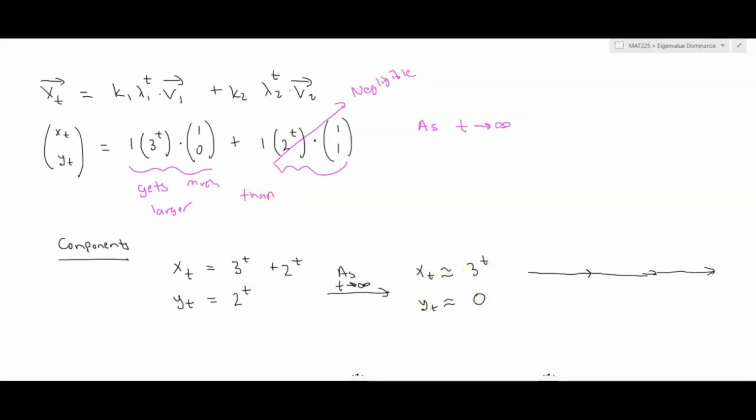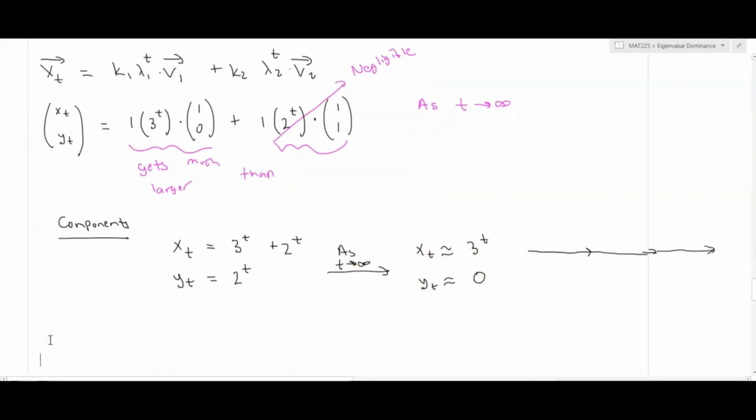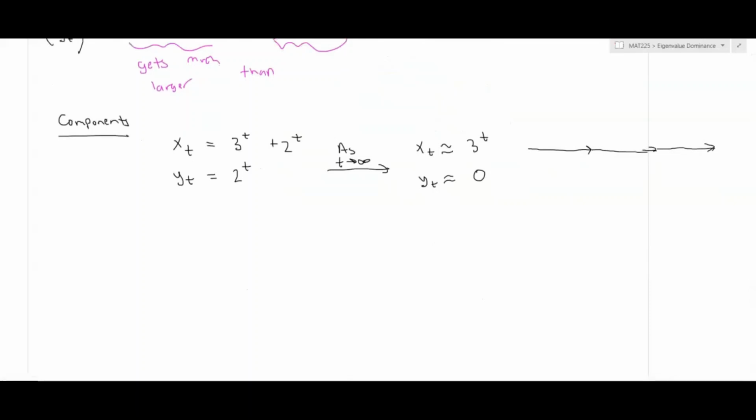So let's go ahead and provide a little bit more support for this. If we wanted to check our work and see x sub 17 and y sub 17, remember this is just our state vector at time 17, we're going to show that you can use these two formulas to compute them.